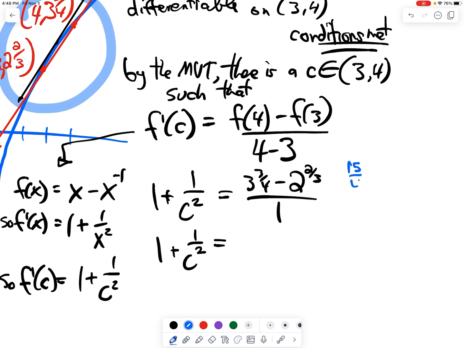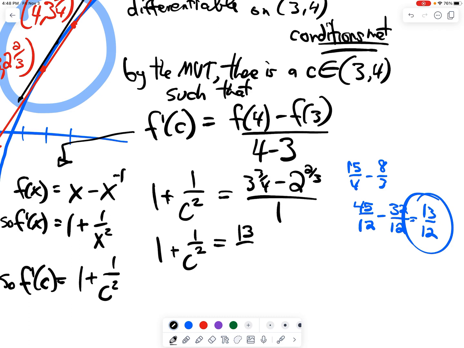That's 15/4 minus 8/3. We need common denominators. That's 12, so that is really 45/12 minus 32/12. That's 13/12. So 1 plus 1 over c squared equals 13/12 over 1.